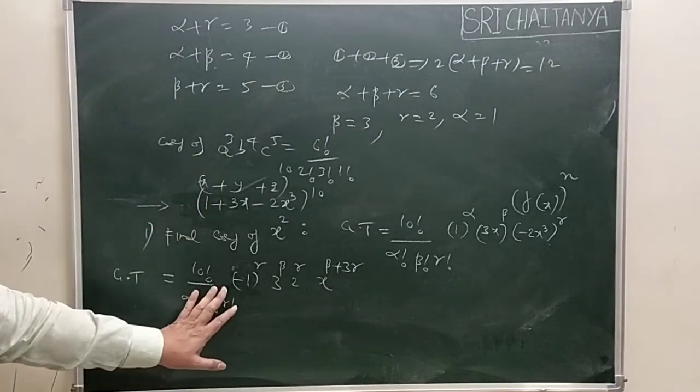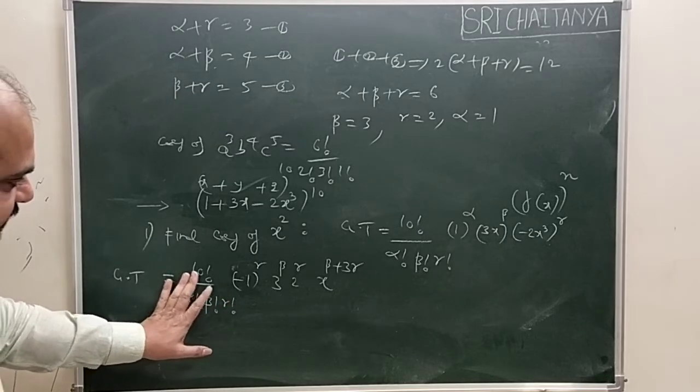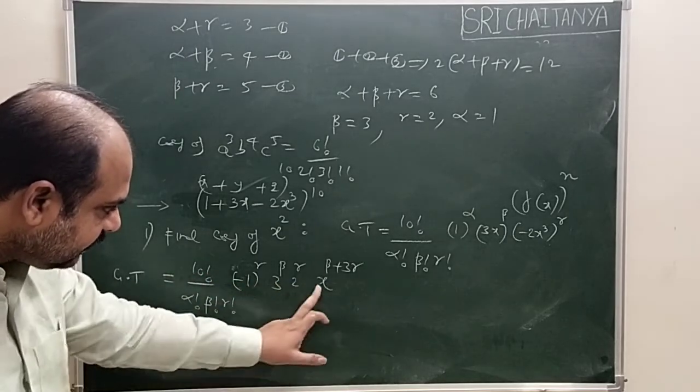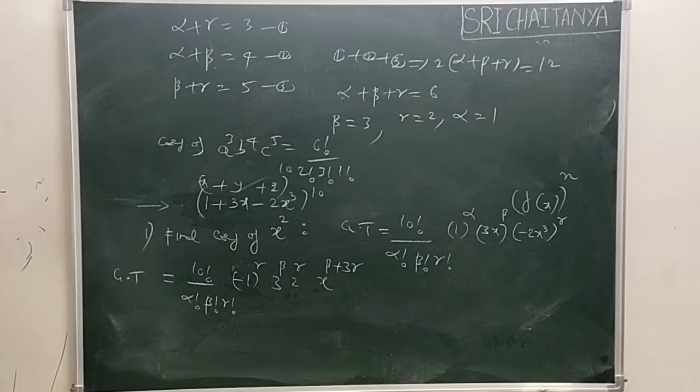Make the arrangement like that: the constant will be before x, and the x power is beta plus 3 gamma.